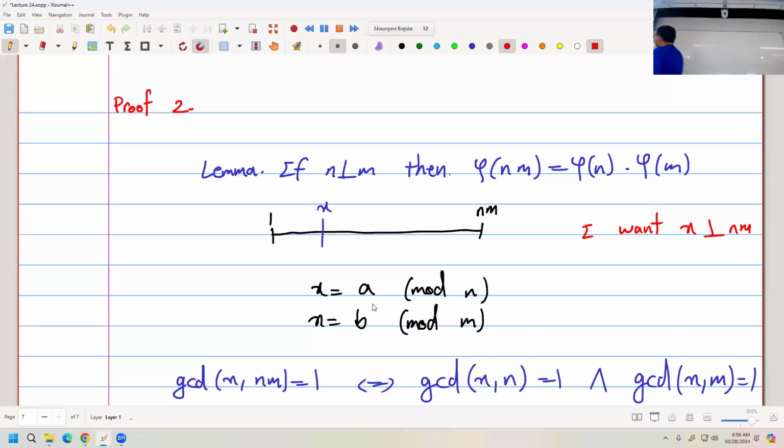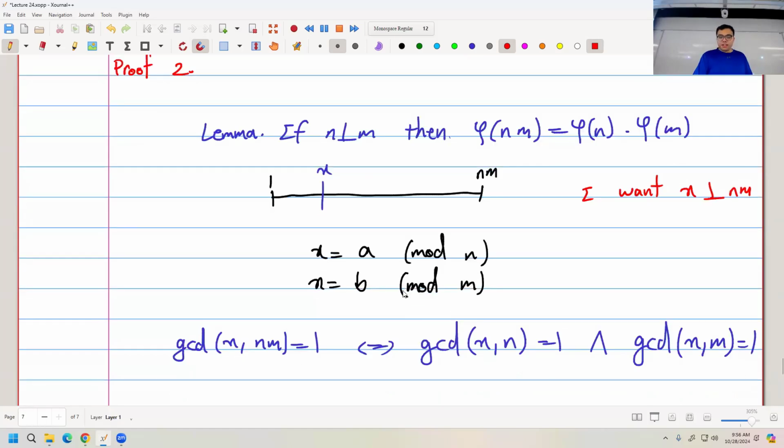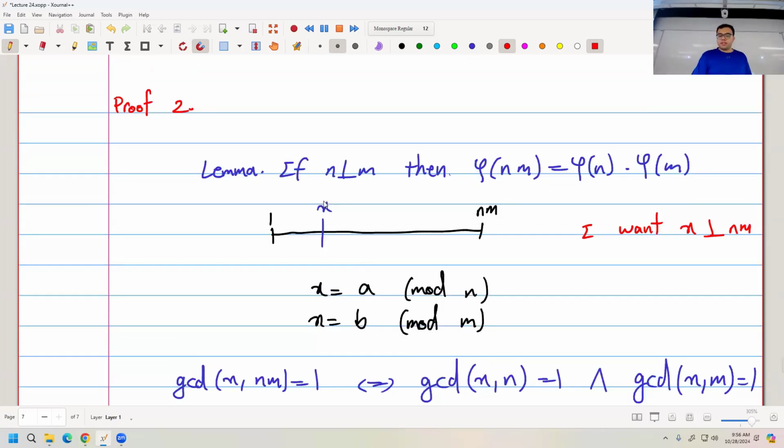From the Chinese remainder theorem, I know that for any value of a and b that I choose, there is exactly one x in this range such that x is equal to a modulo n and x is equal to b modulo m. So any x that I take gives me a pair a and b, and any a and b that I pick gives me back the x. It's a one-to-one correspondence.